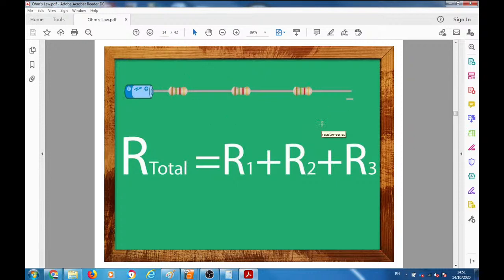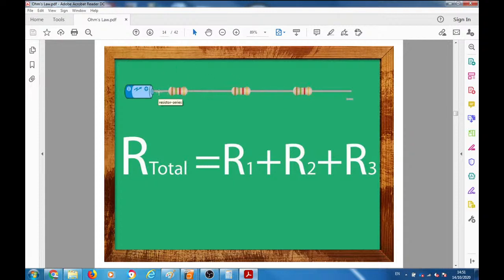But there's also another aspect as well, and I want you to think about this. So when you apply, for example, 12 volts here, and a current goes through those resistors, what you find is that the pressure of the electrons is going to be less after each resistor.